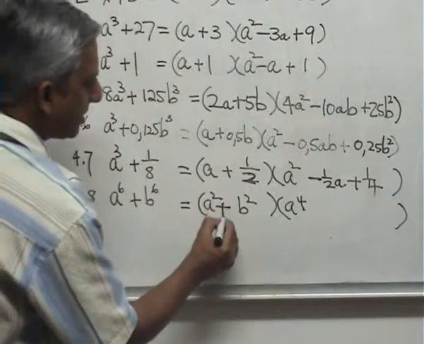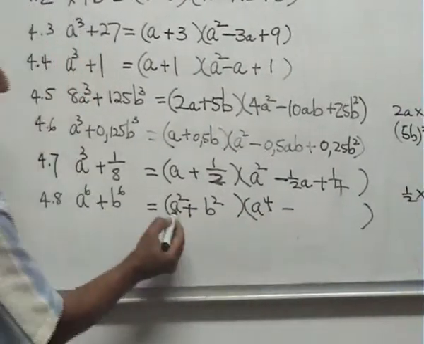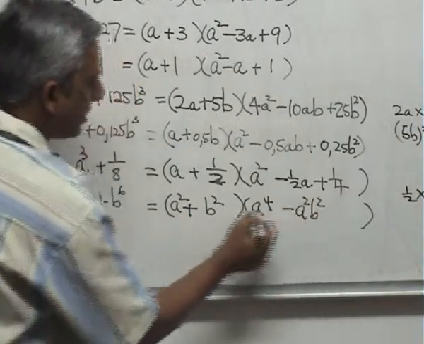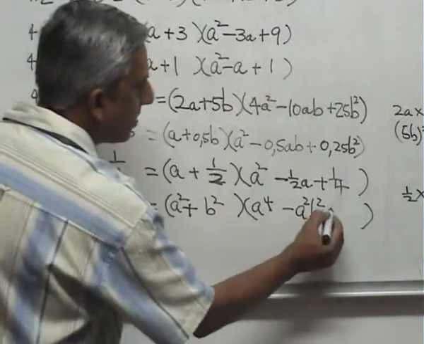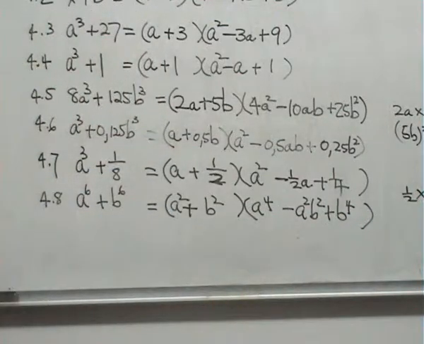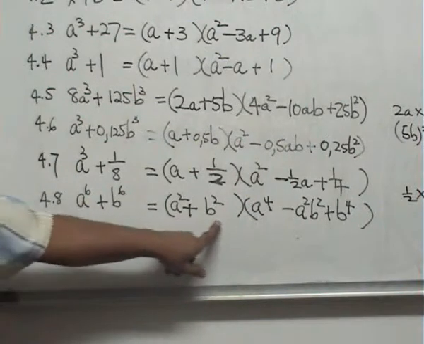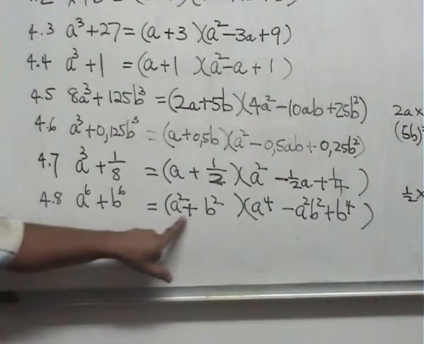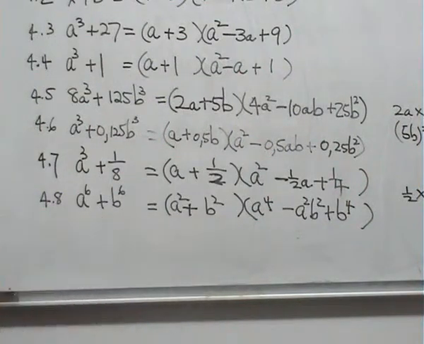If this is plus, that is minus. Multiply this 2, a squared, b squared. Square the b squared, plus b to the 4. Watch carefully. This is a squared plus b squared. This is a sum of two squares. This cannot be factorized. Therefore, that is the final answer.